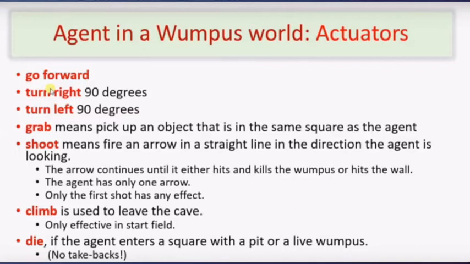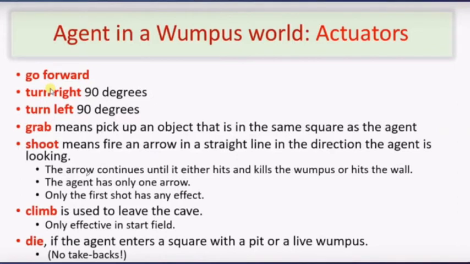It can go vertically or horizontally. The agent has only one arrow, and the arrow continues until it either hits and kills the Wumpus or hits the wall.